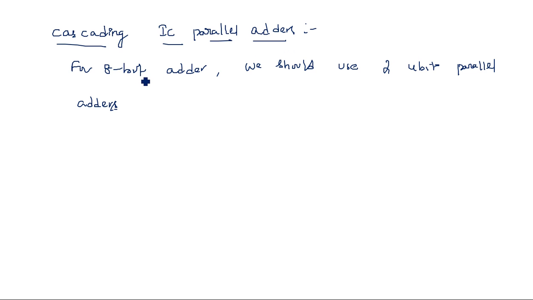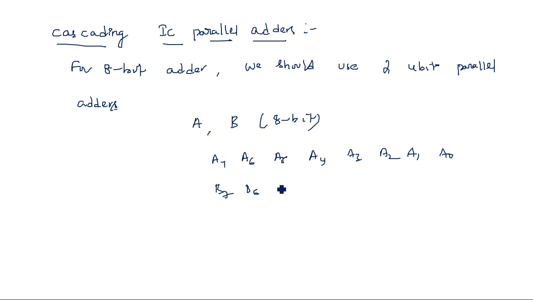For 8-bit adders, if you want to do addition between two numbers A and B, which are 8-bit numbers, they have bits A7, A6, A5, A4, A3, A2, A1, A0, and similarly the second number B7, B6, B5, B4, B3, B2, B1 and B0.